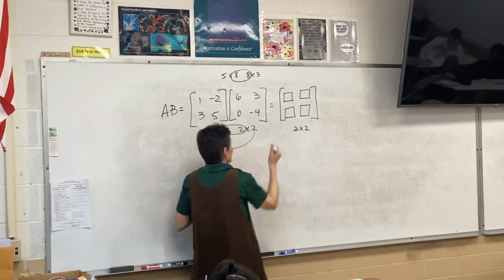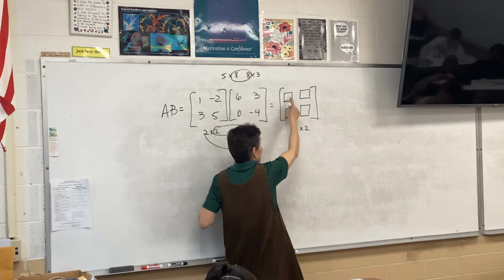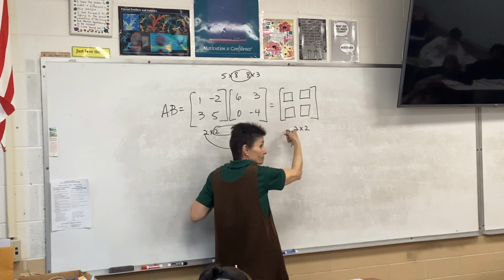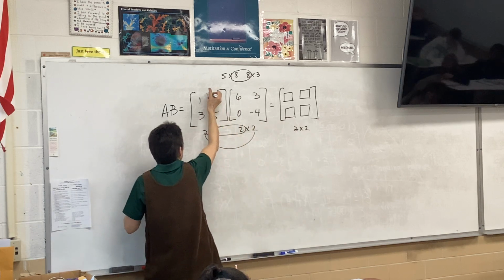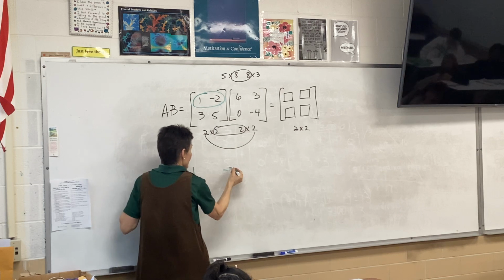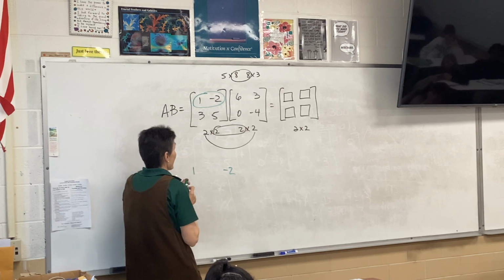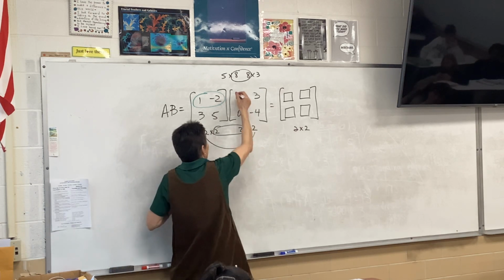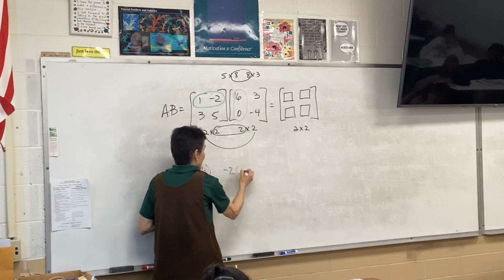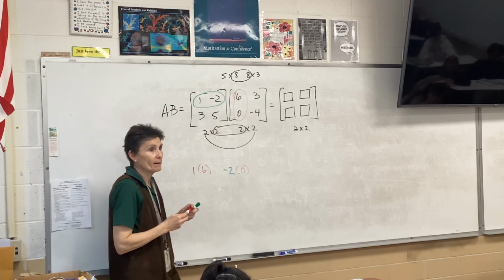To find this number right here, that number is in row 1, column 1. So I take the numbers in row 1, 1 and -2, and I multiply them times the numbers in column 1, 6 and 0.